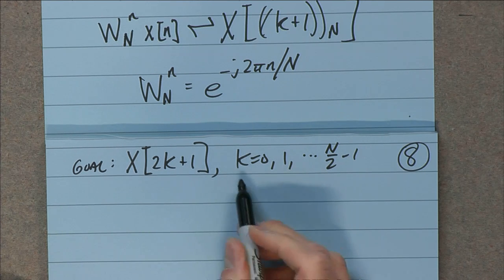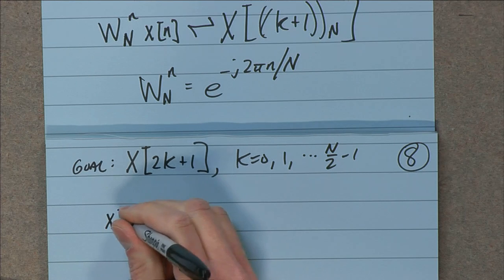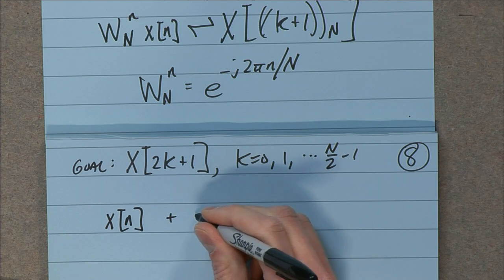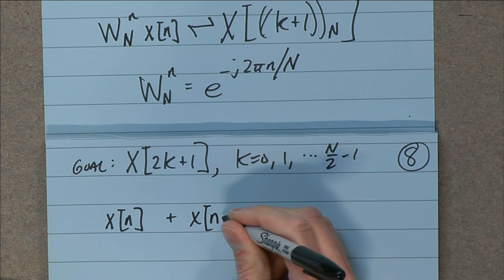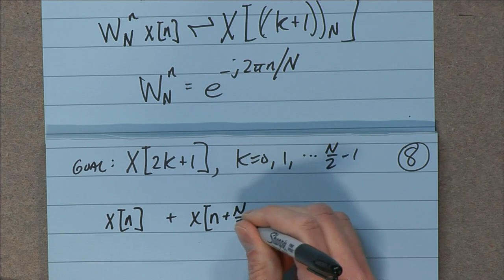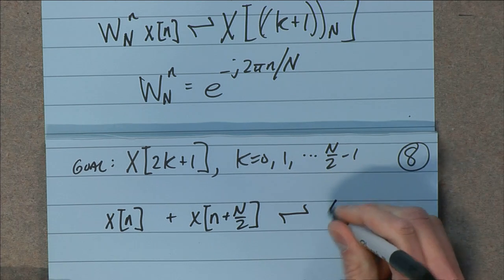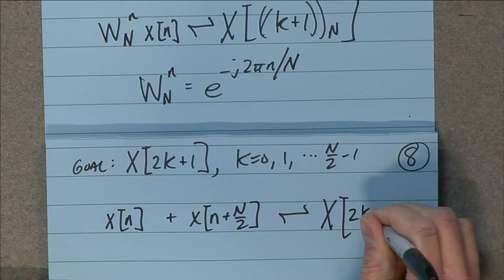We know how to get the 2k part. We just did that. That's the x of n plus x of n plus N over 2, which will give us that part.